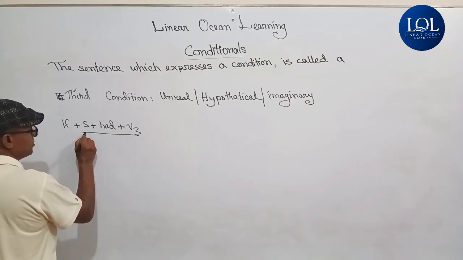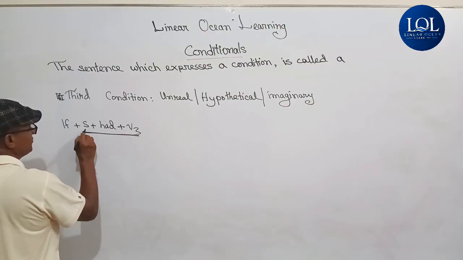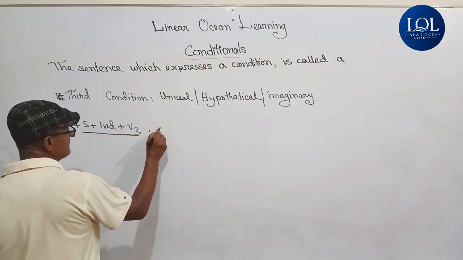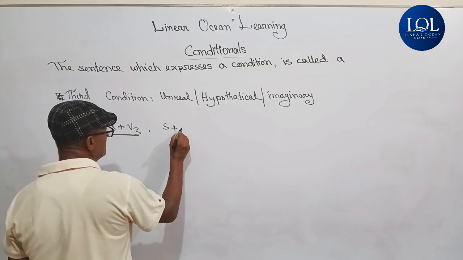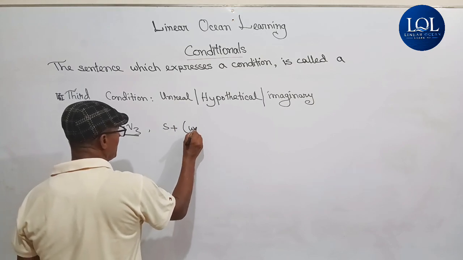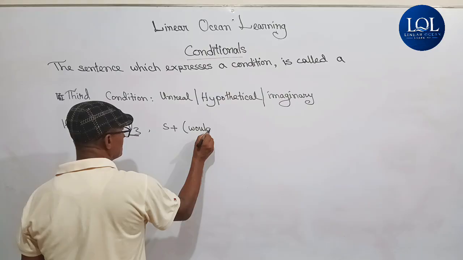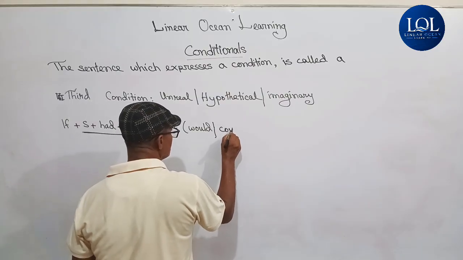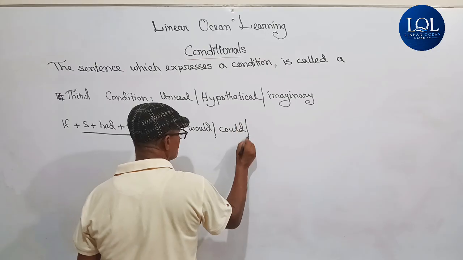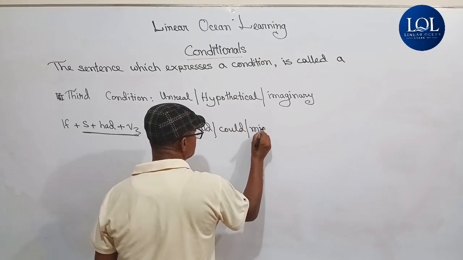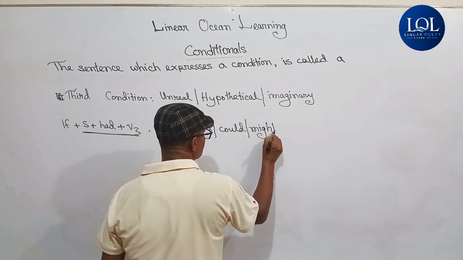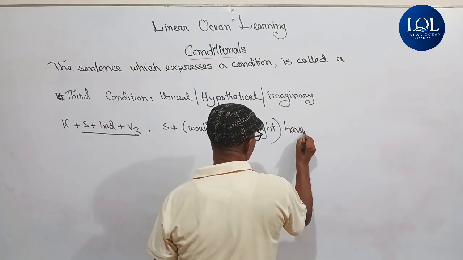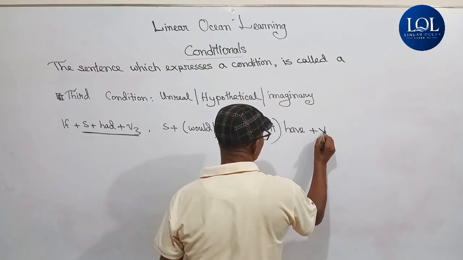The structure of past perfect tense is subject had plus V3, comma, subject plus would have, could have, might have, plus V3.